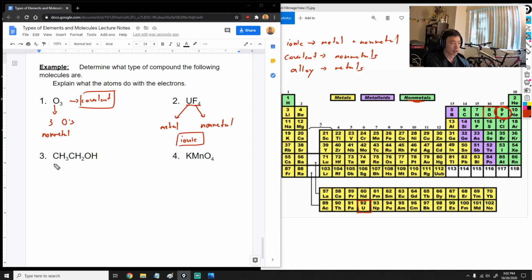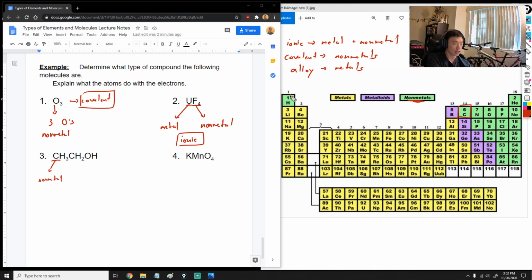Here we have a big old complicated looking molecule. We have CH3CH2OH. If we look at what type of element they are, if we look for C on the periodic table, it looks like C is a non-metal. So both of the carbons are basically just non-metal.